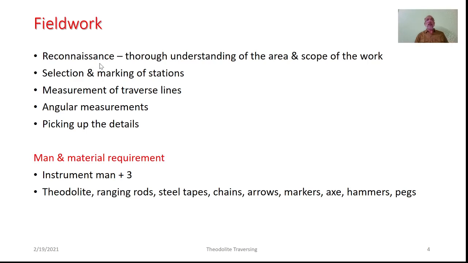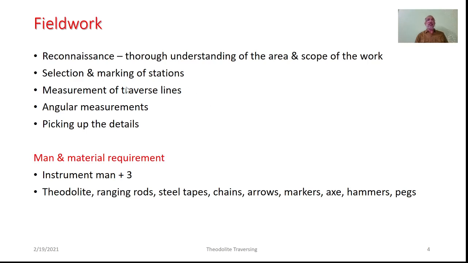You know that reconnaissance is the basic step of surveying, associated with thorough understanding of the area and the total scope of the work. Subsequently, for theodolite traversing, we have to select as well as mark the stations. We have to measure the traverse lines. We have to make angular measurements and simultaneously we can pick up the details that we are interested in.